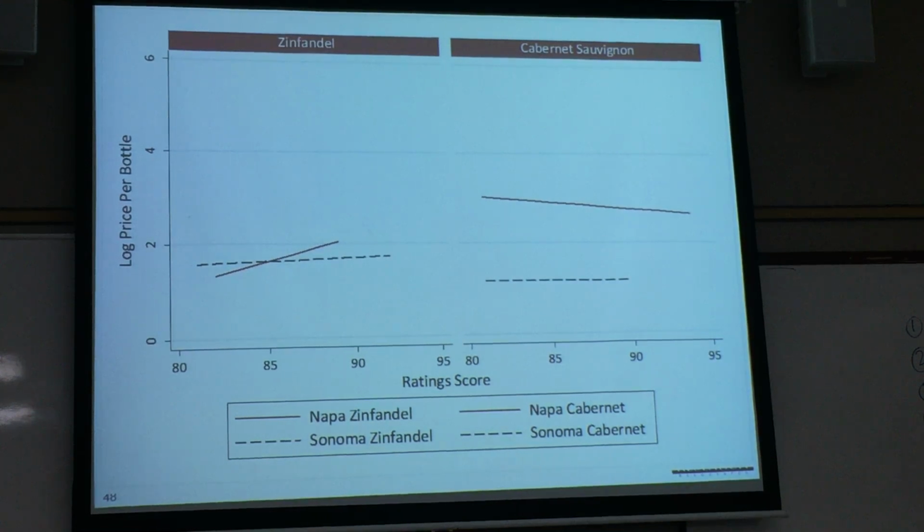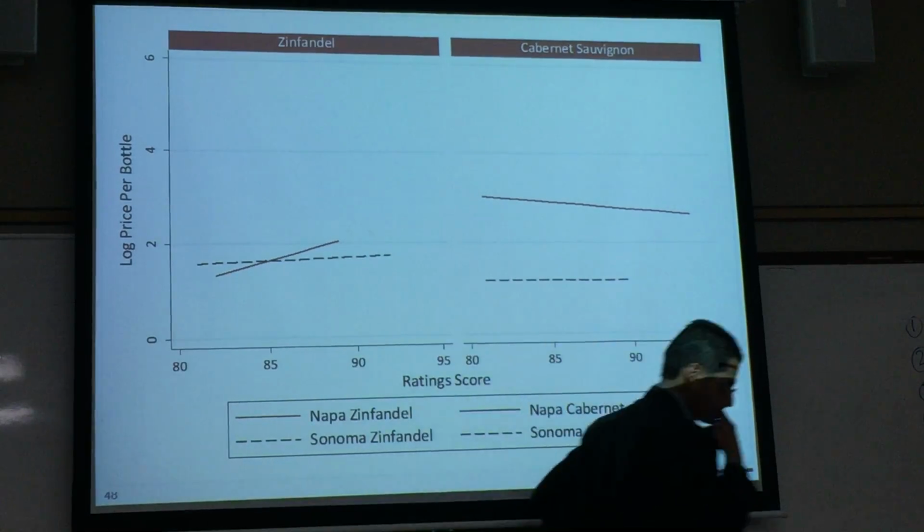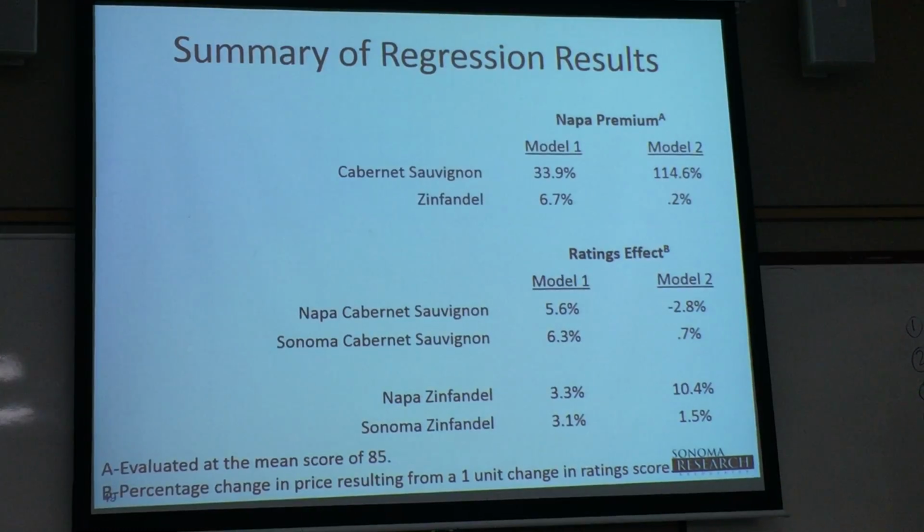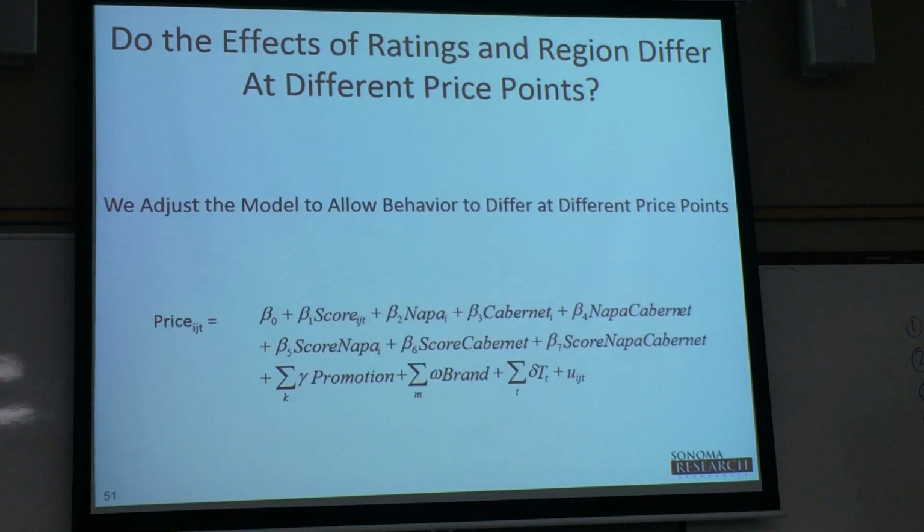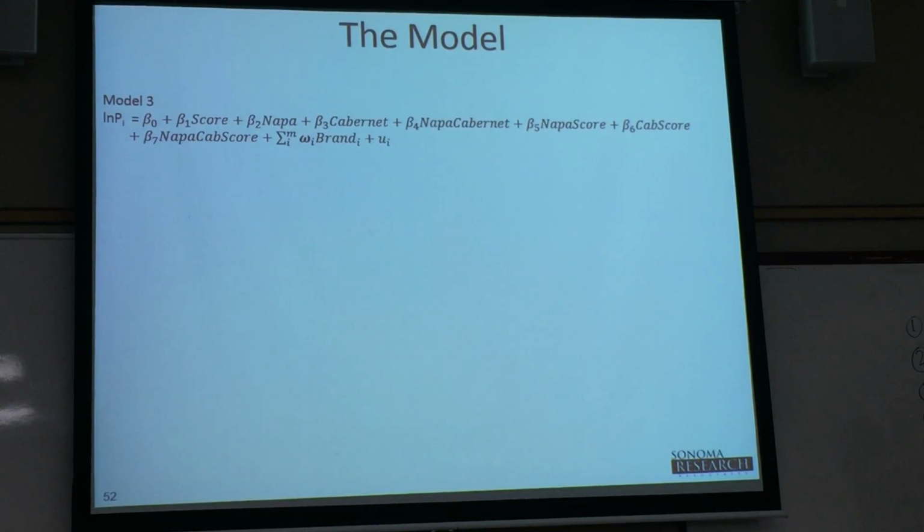How did I model it? I just used the 8th grade trick, quadratic function, the parabola. So I added that squared term. Boom, I added a squared term. Score, the same thing.